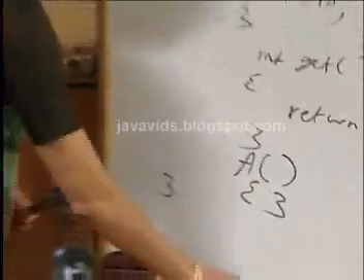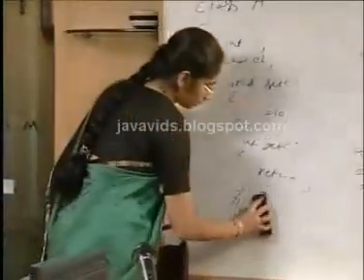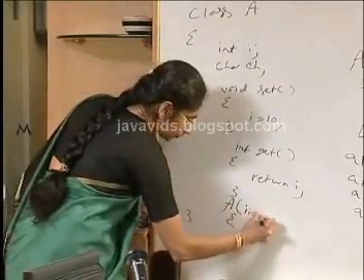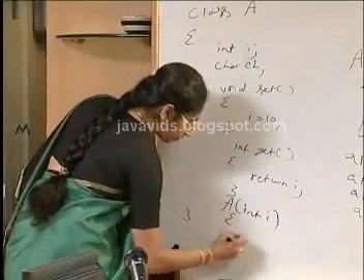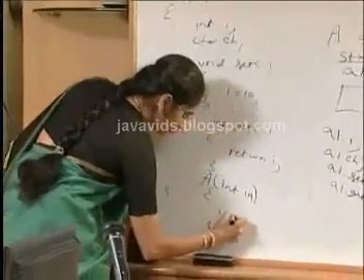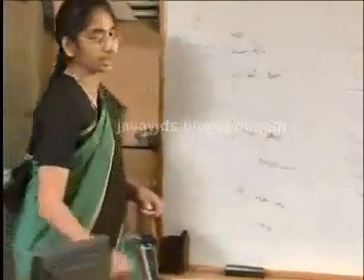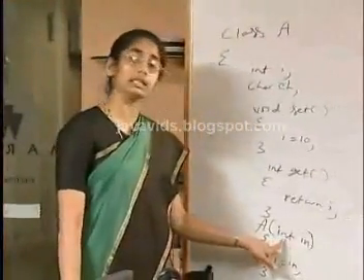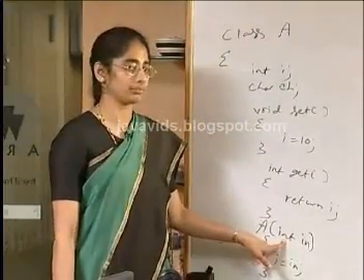You can write your own constructors in a class. You can pass parameters to those constructors. For example, we might write a constructor like this. In this case, we have a constructor which takes a int parameter, a single parameter.